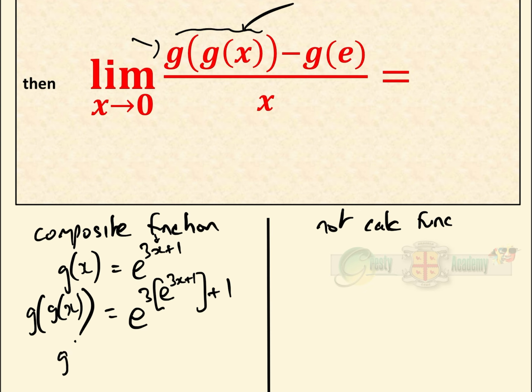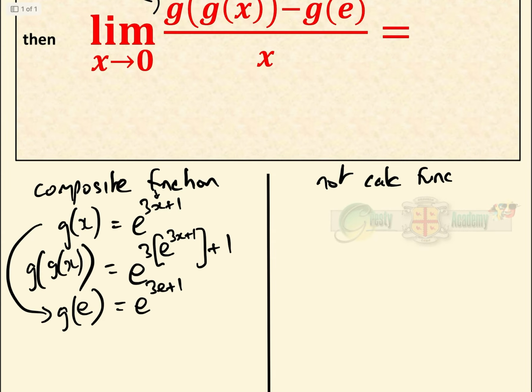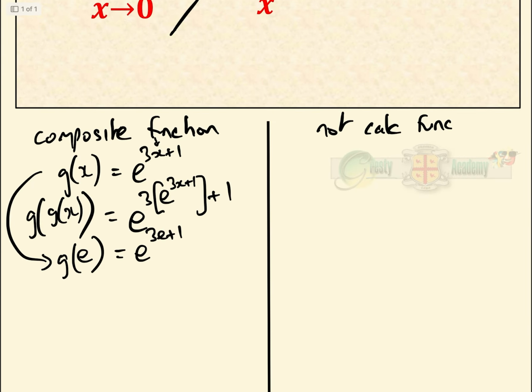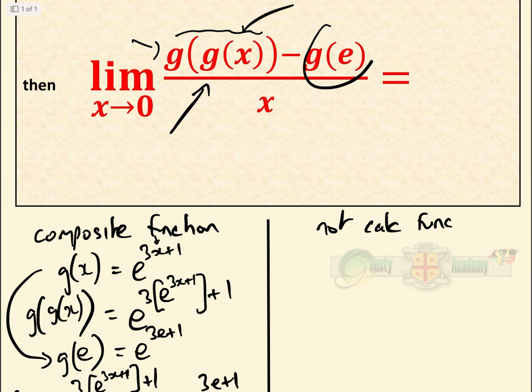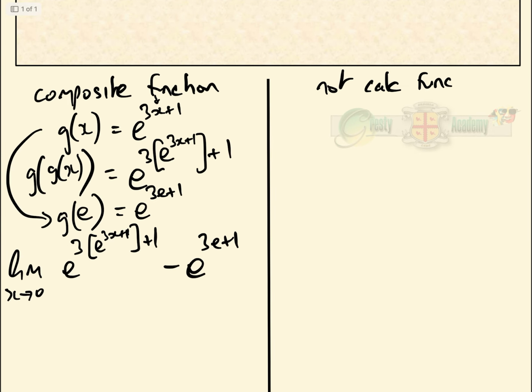So therefore g of g of e, which we're going to need, is equal to e to the 3e plus 1 plus 1. So our limit becomes the limit as x approaches 0 of e to the 3x plus 1 plus 1, minus e to the 3e plus 1 plus 1, that is basically g of g of x minus g of g of e, over x.